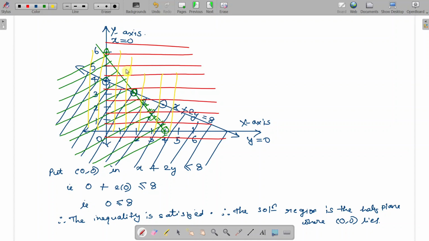So if you look at the intersection of all the regions, that is this region. This is O, this is A, this is B, and this is C point.